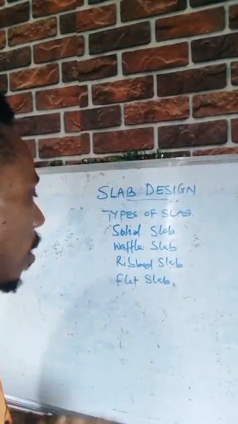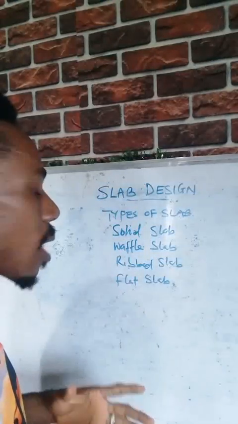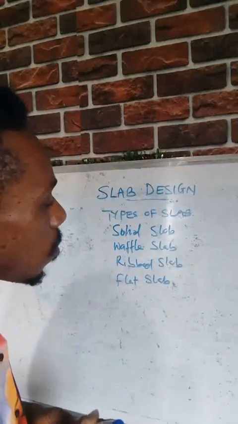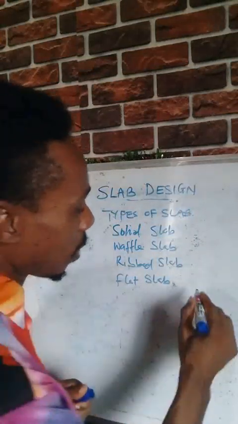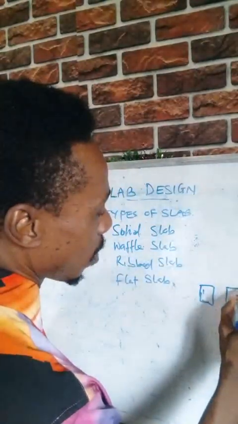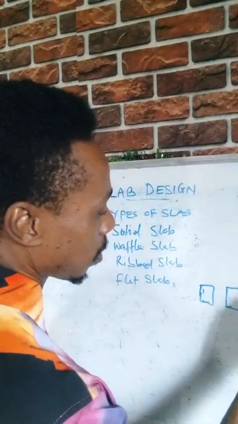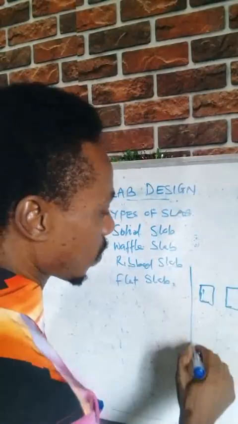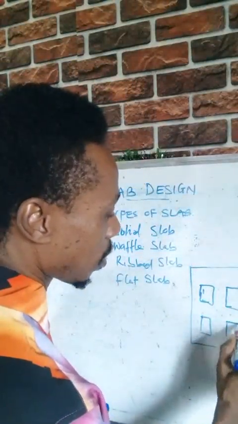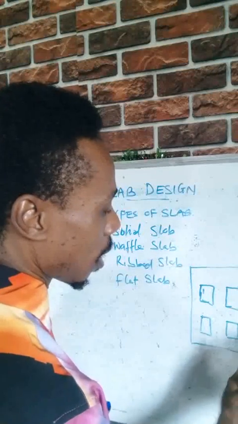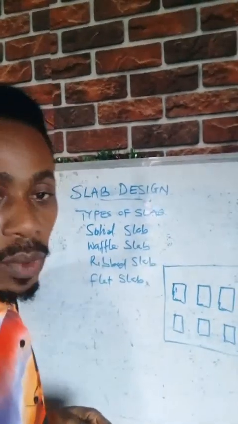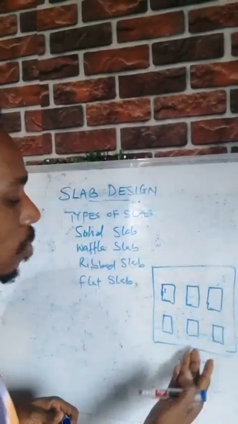Then the waffle slabs are those slabs that have an inward form of indentation, where you have shapes like this in your slab.